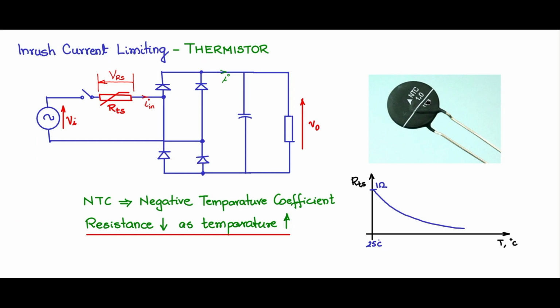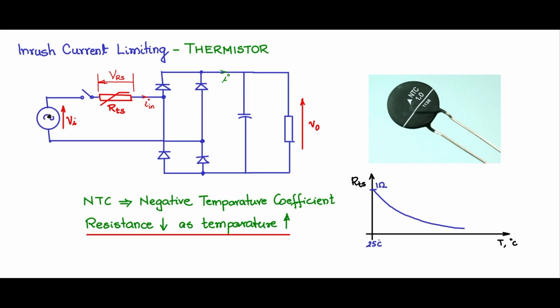One problem that you need to be aware of while using thermistors is that, let us say you switch it on. This thermistor has a high cold value resistance. It will limit the inrush current and then pass on to the steady state operation. Works nicely. Now let us say the power goes off.